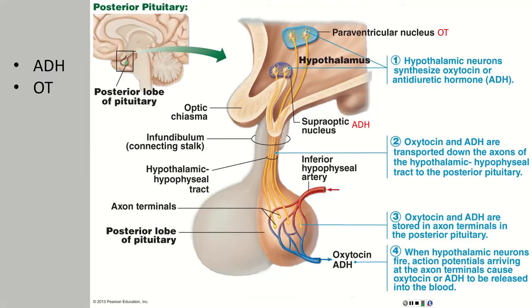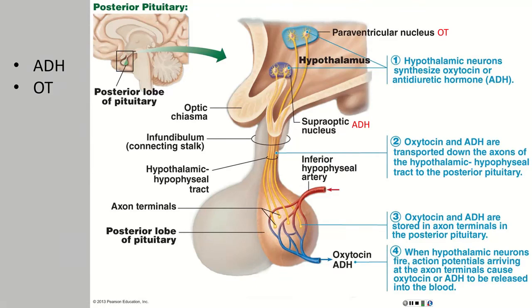But I do want to talk about two disorders associated with ADH. Hypersecretion of ADH, when there's too much ADH being released, causes a disorder called SIADH, or Syndrome of Inappropriate ADH Production.